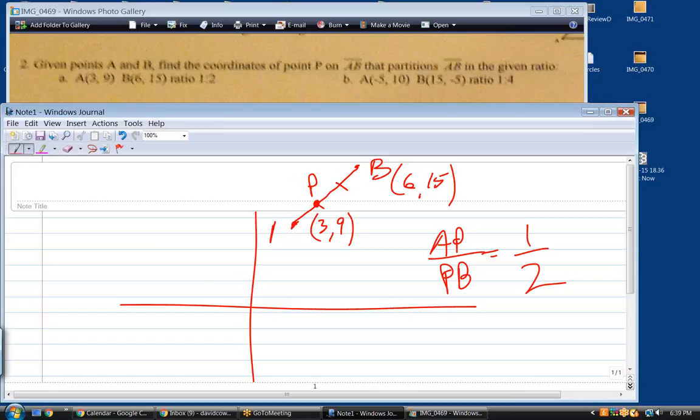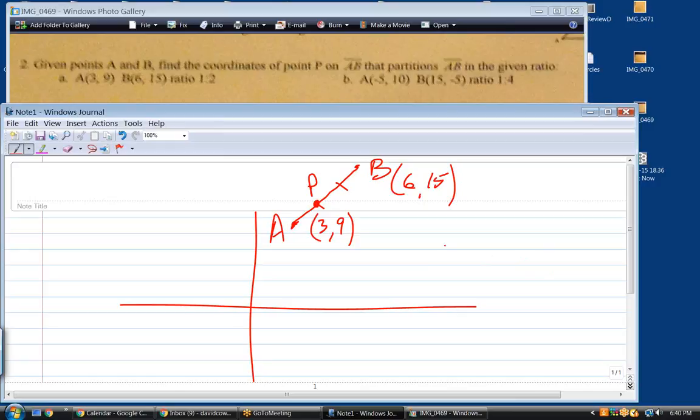This is A. Okay? So what are the coordinates of P if these are in a 1 to 2 ratio? Well, what we did is we took the initial x and y, in this case 3 and 9, and then we added the partition, 1 over 3, and then we times that by the slope, by one part of the slope. Okay.